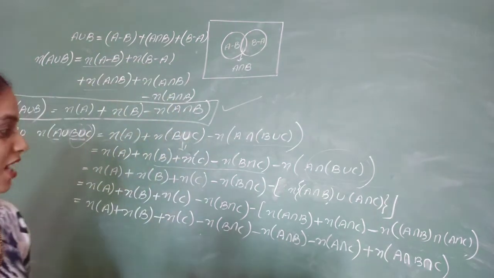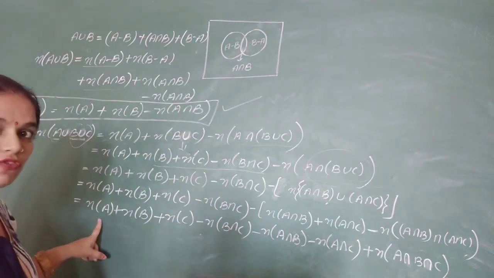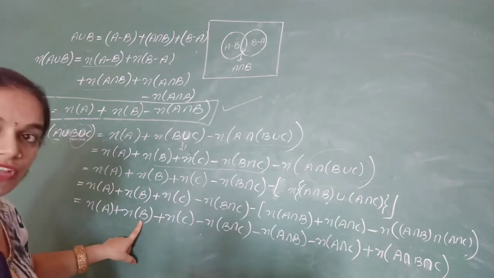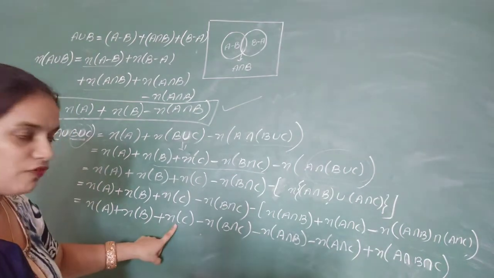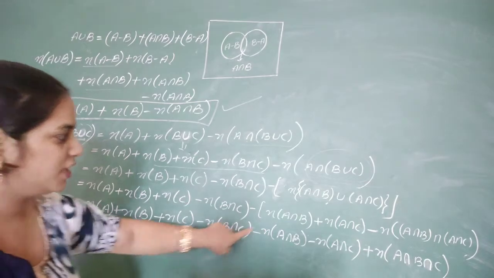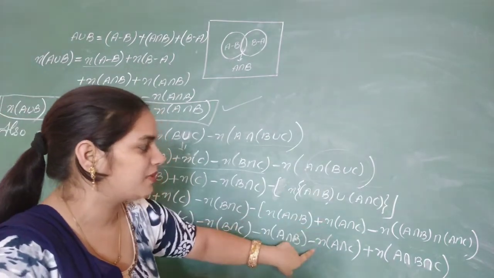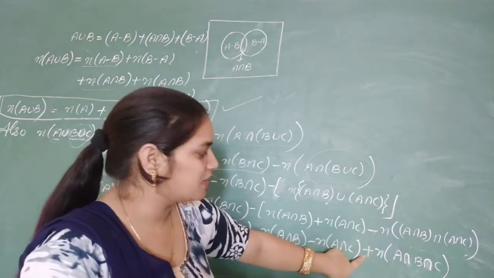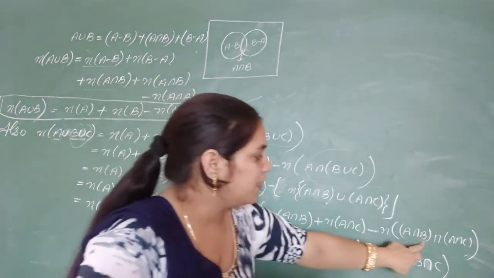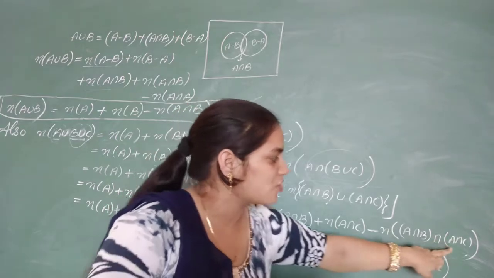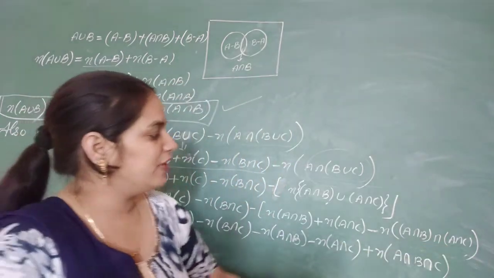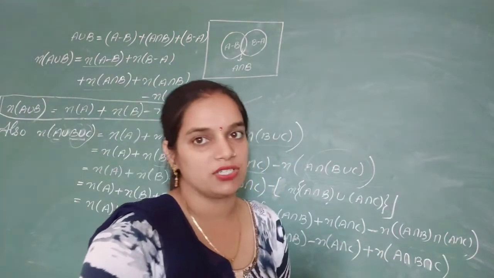Further, our last step will be the number of elements in set A, set B, set C. This term is same. When we open the bracket, these two terms will be same. Plus will convert into minus and minus will convert into plus. And the intersection of A intersection B and A intersection C will become A intersection B intersection C.